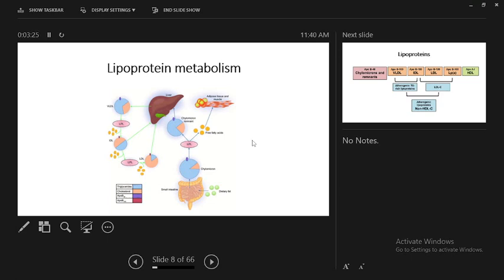Then it is taken up by the liver, which produces VLDL, again richer in triglycerides than cholesterol. Then more fatty acids are removed and it becomes IDL, and when more and more free fatty acids are removed, it becomes LDL. This LDL has more cholesterol than triglycerides, whereas VLDL has more triglycerides.